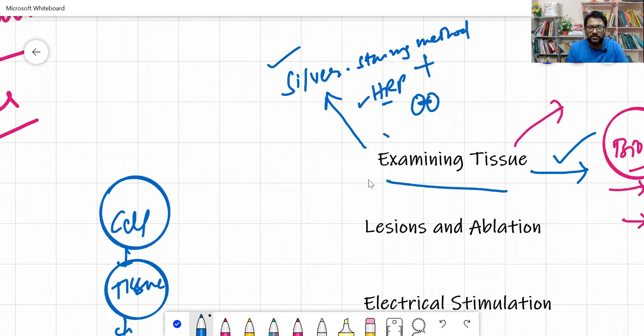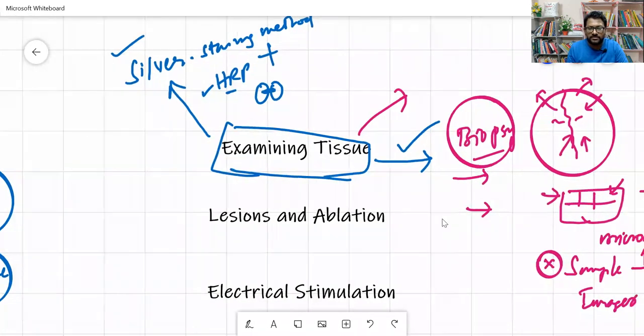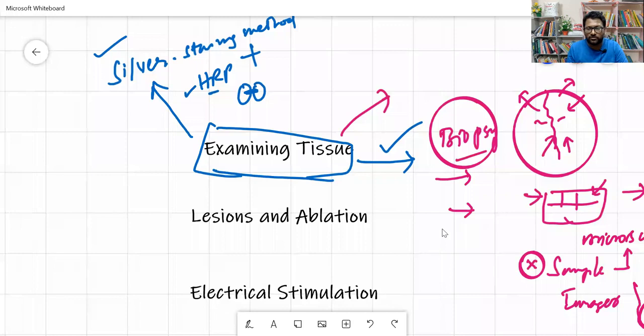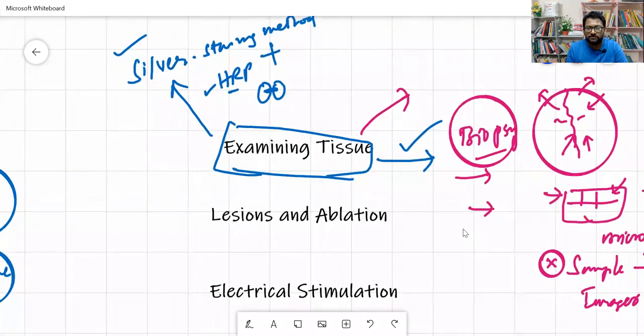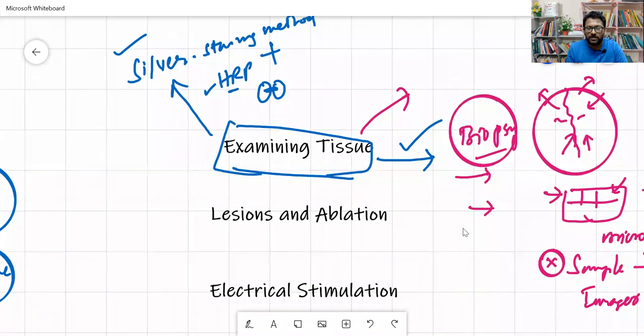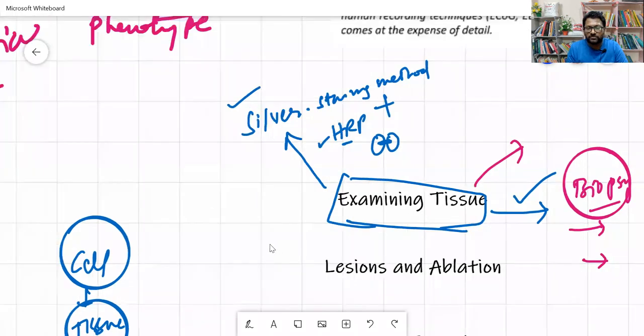So this is about examining the tissue. How could we examine it? We can do a biopsy in rare cases, and we can study after the postmortem, and we will be studying the parts of tissues very clearly using the light microscope and other microscopes.